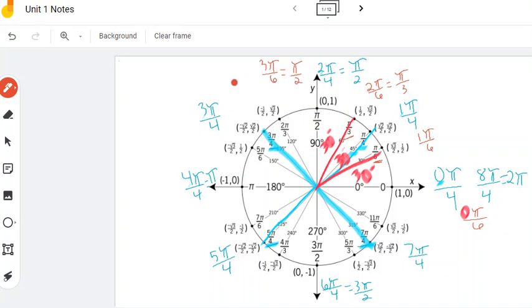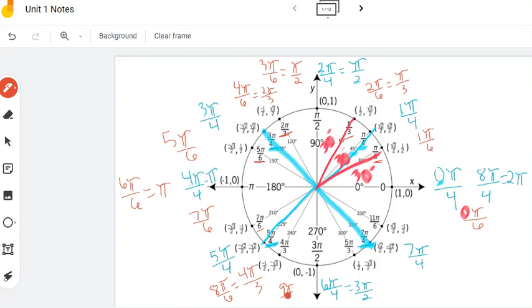After 3 comes 4 pi over 6, which simplifies to 2 pi over 3, right here. After 4, we get 5 pi over 6, which is right here. Then we are at 6 pi over 6, which equals pi. 7 pi over 6. 8 pi over 6, which simplifies to 4 pi over 3. 9 pi over 6, which simplifies to 3 pi over 2.